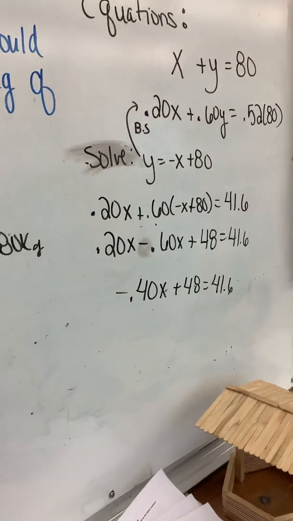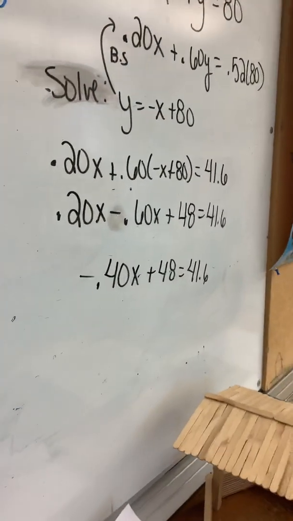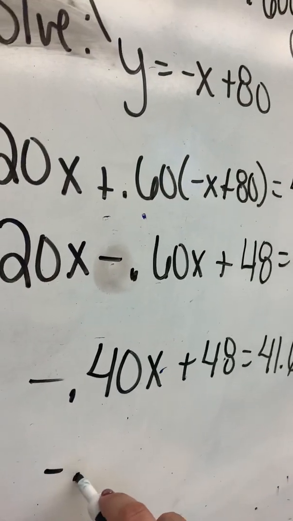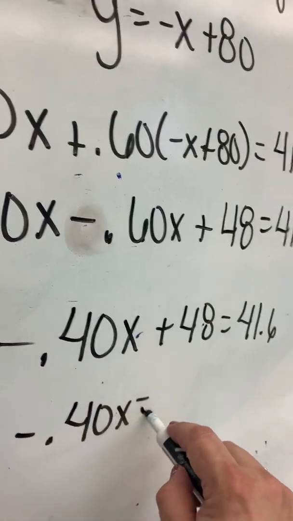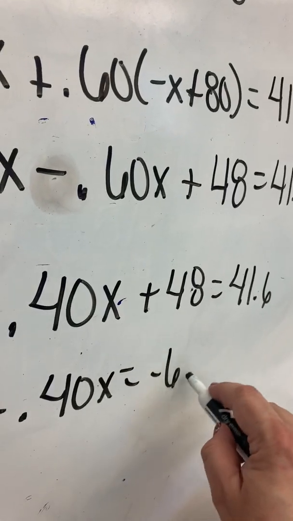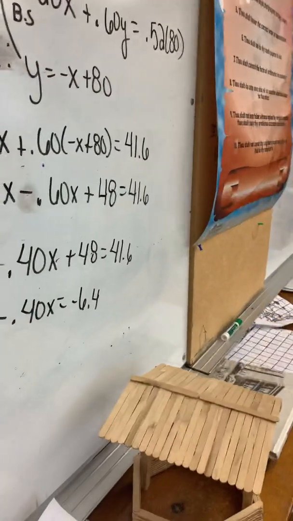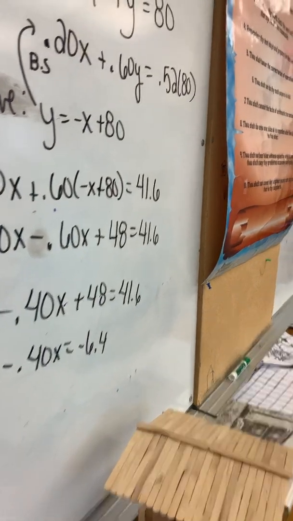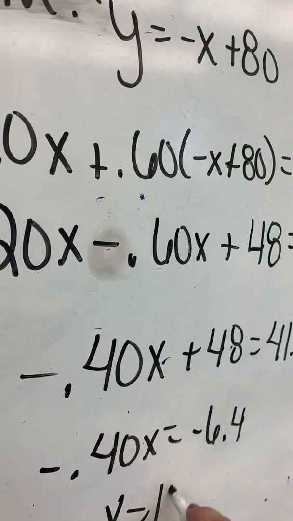Now what? Subtract 48. 41.6 minus 48. So I've got negative 0.40x equals negative 6.4. Now what? x equals 16.